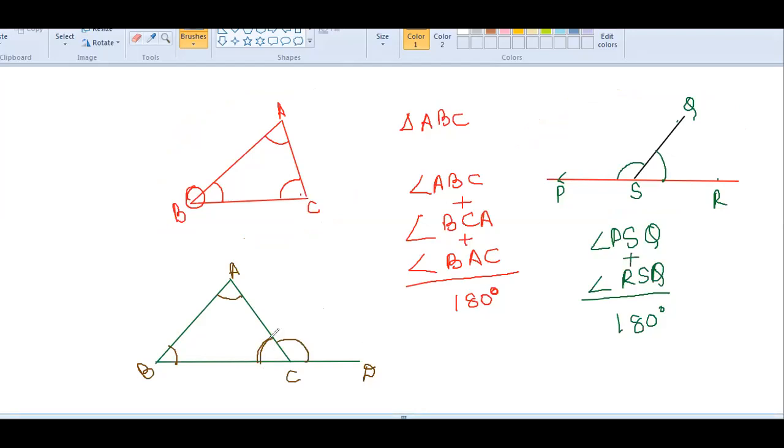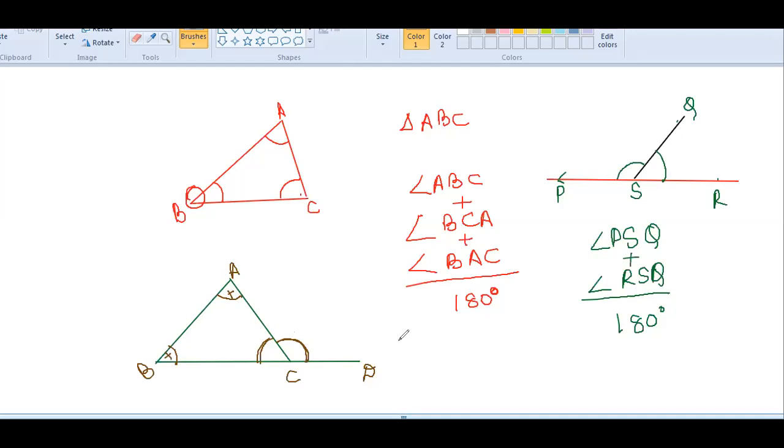So don't you think this angle will be equal to the sum of this and this? Because these two are 180 degrees, and these three are 180 degrees.